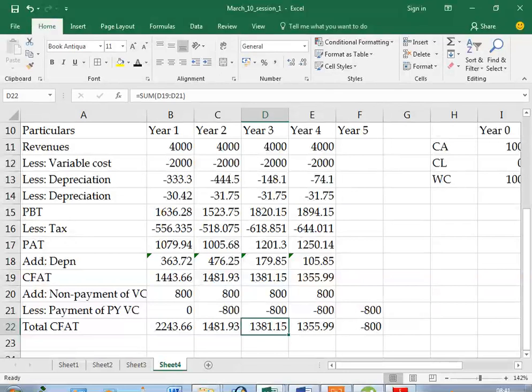So you did not pay, no? 800. 40% is not paid. 40% of variable cost is not paid. 60% is paid, 40% is not paid. So not paid is written here. Again not paid, not paid, not paid. But this not paid has to be paid here.